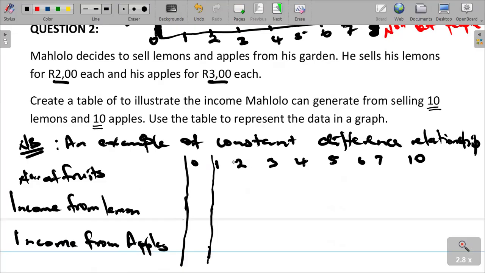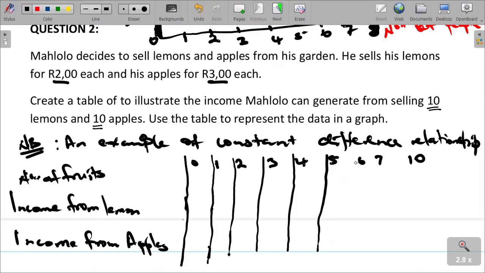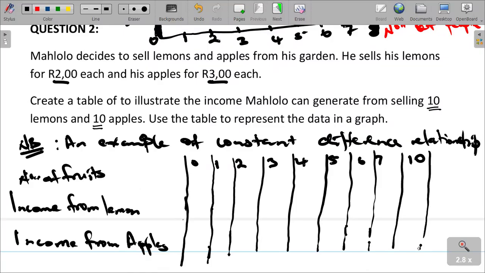We can skip some values as long as we show that we understand what the question is asking. It is possible for us to skip certain values for the interest of time, and we can check and change those.